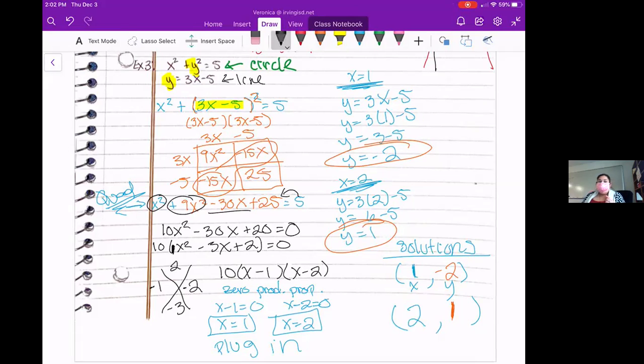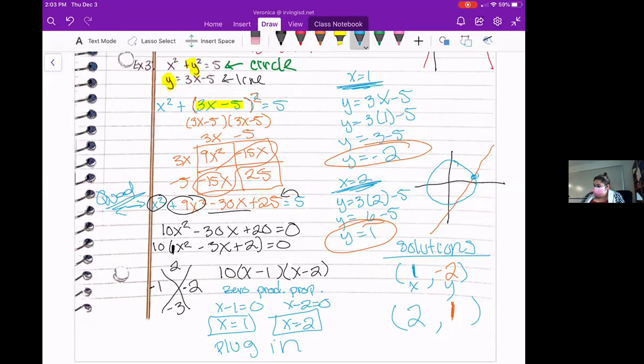So if you were to plug this into Desmos, I had already put the circle in, y equals 3x minus 5. So your picture or your graph is going to look something similar to this. So you're going to have a circle, and you're going to have a linear function that kind of crosses something like that.